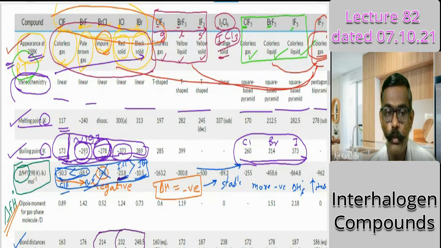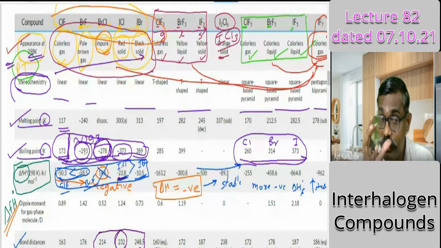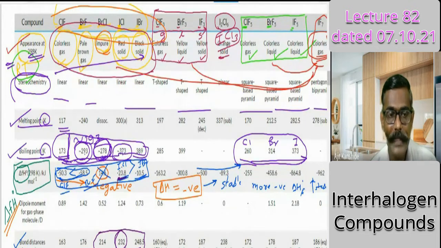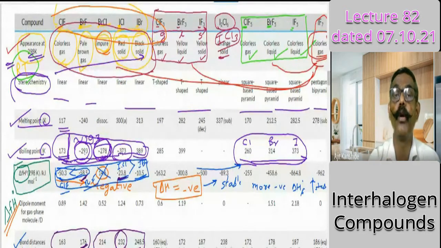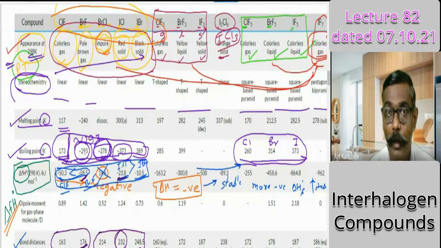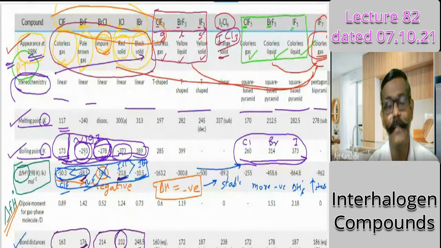So bond distance is less compared to IBr. Bond distance is less means they are closer. Here an exception is there. I'll discuss that. Bond distance here is more, so it should be less stable. But what are we finding? It is more stable. So bond distance is one of the factors. The other factor is the electronegativity difference. Because of more difference in electronegativity, stability also will increase.